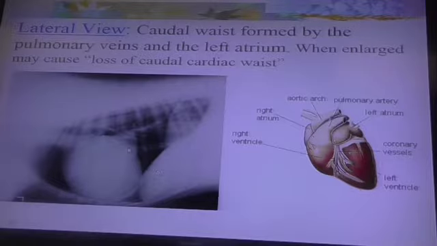So for example, the most common cause of loss of caudal cardiac waist is the left atrium. And the most common condition that we see with that is mitral valvular disease. Mitral valvular disease.